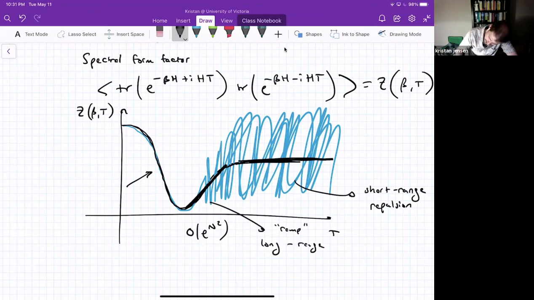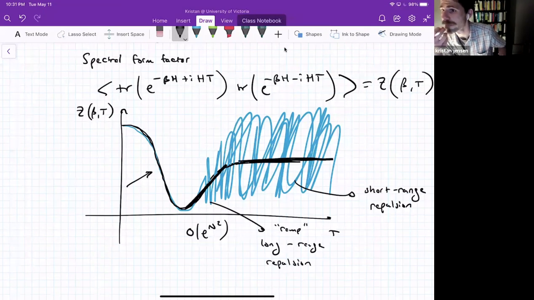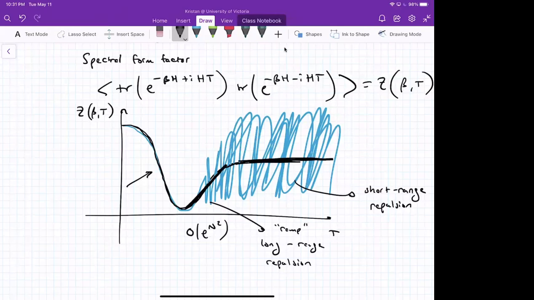And that's really a consequence of the long range repulsion. So this gives you another way of organizing this data and another target to look for black holes in AdS.